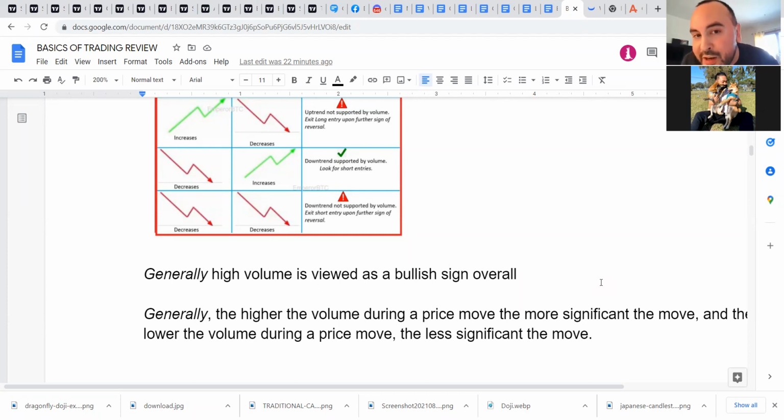The secret is putting it all together, not just looking at one thing or another thing, and then sometimes looking at one thing and sometimes looking at another thing. It's basically putting it all together and having these rules, and only entering the trades that play by the rules.